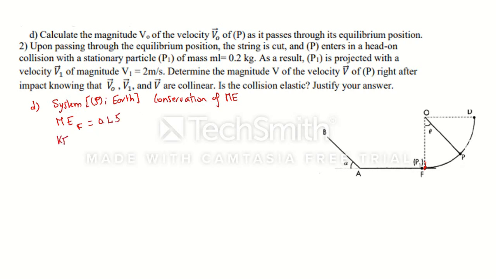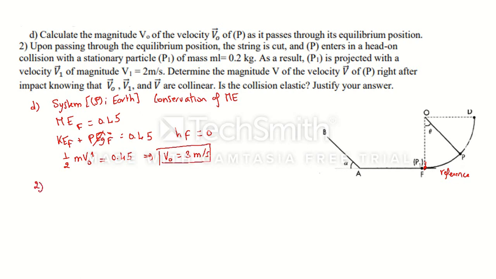And at the point F, I have KE at the point F plus PEG at the point F. But we know that at the point F, the height is 0 since it's on the reference. Here is the reference. Then this is 0. So it's half mv0 square, which is given as 0.45. This means, and we have the mass, so here we obtain that V0 is equal to 3 meters per second.